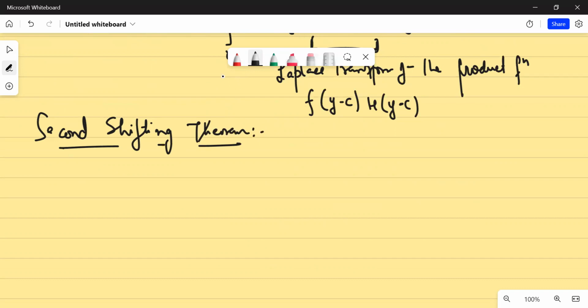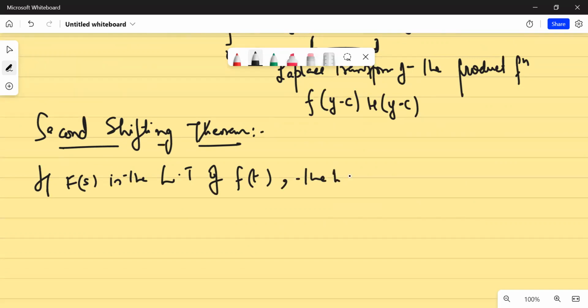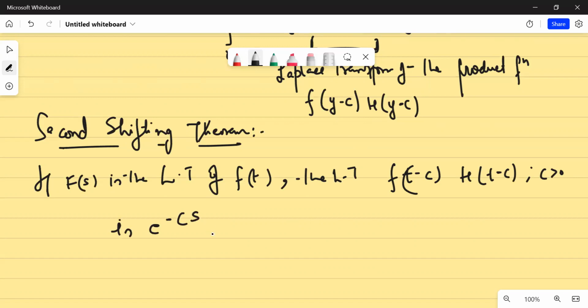It conveys that if capital F(s) is the Laplace transform of f(t), then the Laplace transform of f of t minus c, h of t minus c, provided c is greater than 0, is simply e to power minus cs F(s).